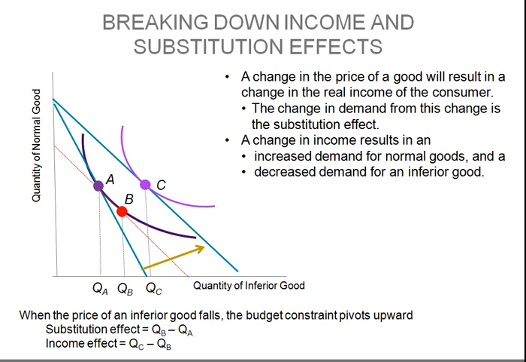This is our substitution effect and this is our income effect. I hope you will understand. From B to C is the income effect, and the backward movement from C to A is because of substitution. So B to A is the net effect.